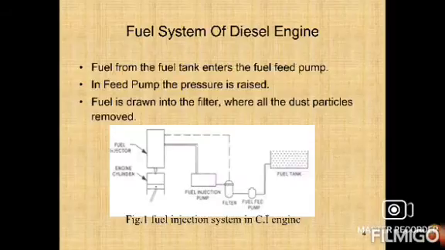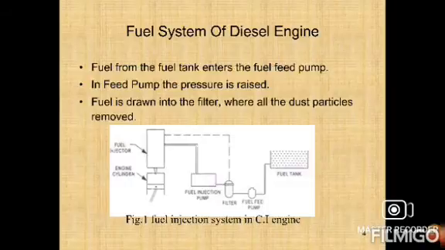First one is the fuel tank. During operation, the fuel from the tank enters the fuel feed pump. In the feed pump, the pressure of the fuel is raised slightly, then the fuel is drawn into the filter where all the dust particles are removed.